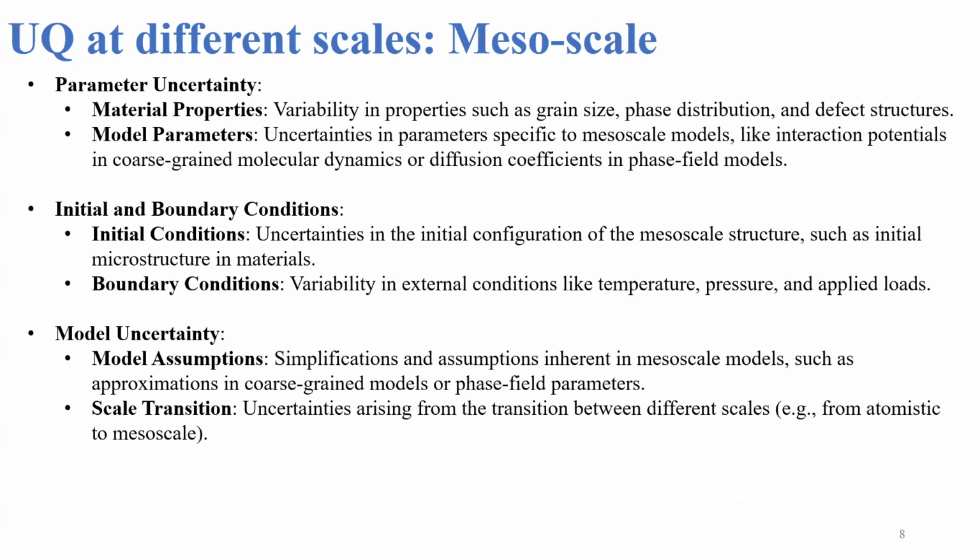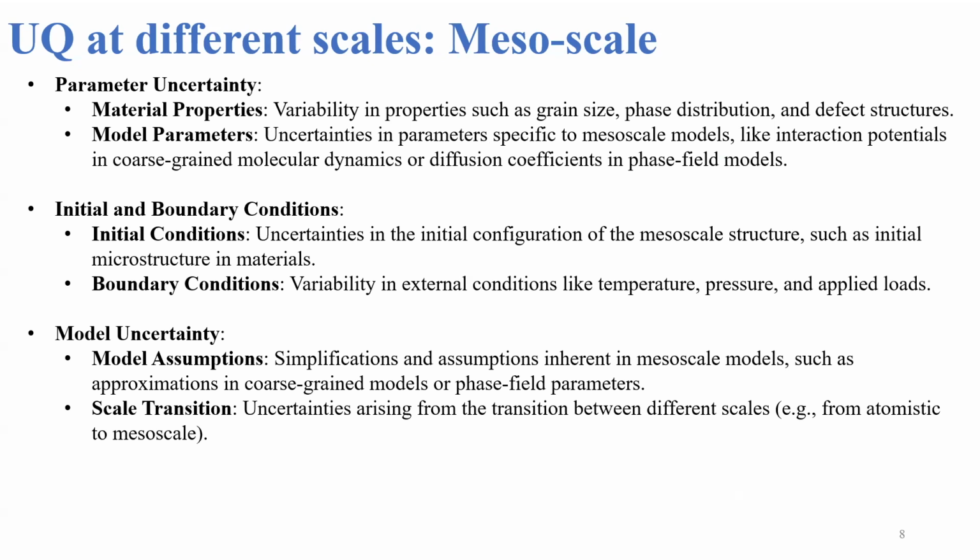Mesoscale, such as parameter uncertainty, material property: when we are trying to make a prediction on the defect structure, phase field, or grain size, we can have inherent material properties that can change, and that will lead to uncertainty. Model parameters, such as in coarse grain modeling or phase field modeling, there are many parameters which can be sensitive to what kind of inputs we are using, or how we are getting those input parameters from DFT or experiment, that will lead to model uncertainty.